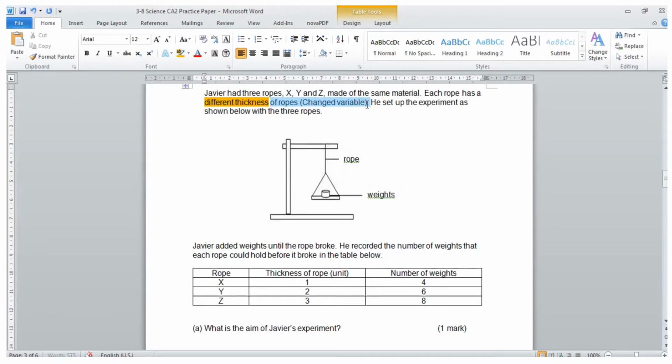Now, remember we say in every experiment, find out what's the change variable, find out what's the aim, find out what's the measured variable. So now we have found the change variable, we want to find out the measured variable. Let's see. So he set up the experiment as shown below with the 3 ropes. Javier added weights until the rope broke. He recorded the number of weights that each rope could hold before it broke in the table below.